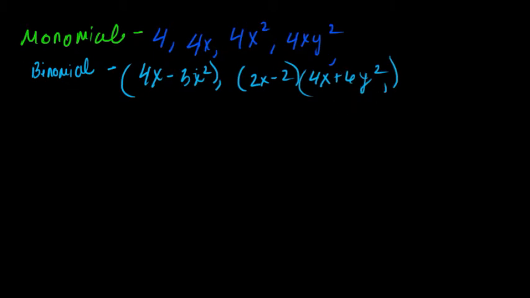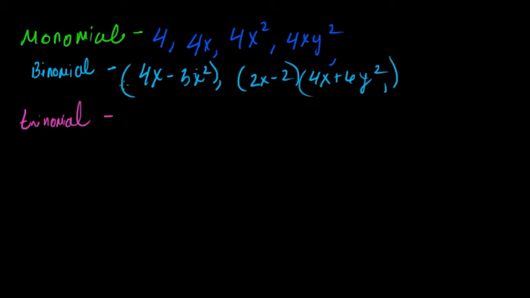Okay, next we'll talk about a trinomial. Now, trinomials are your most common ones. We'll run into these a lot in your intermediate algebra classes. And when we get to more advanced algebra classes, we'll deal with polynomials with 10 terms and 8 terms. A trinomial has 3 terms.